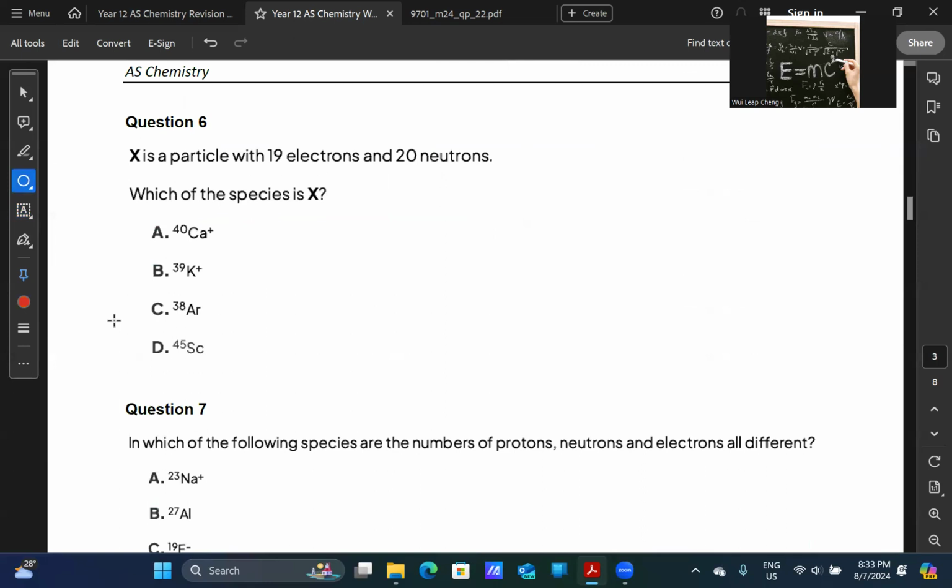Question number 6. S is a particle with 19 electrons and 20 neutrons. Which of the species is S? So you need to know that out of these options, which species contain 20 neutrons?